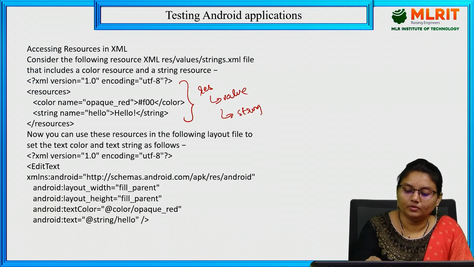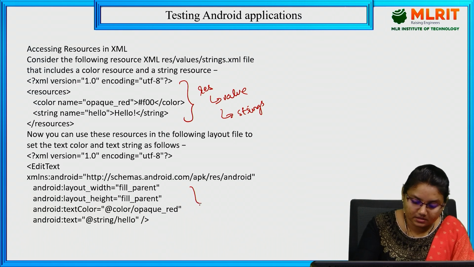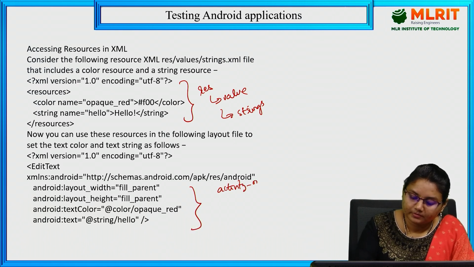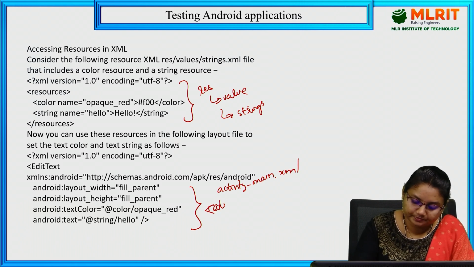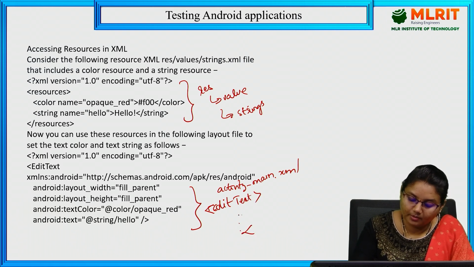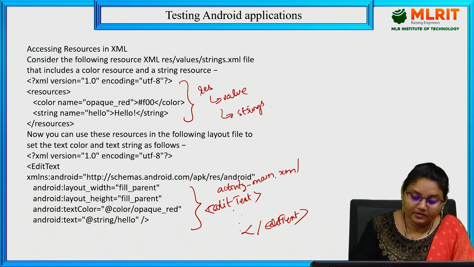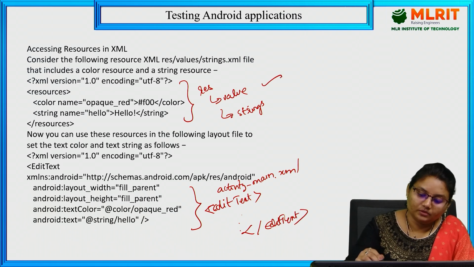Here you are doing the changes, and this is in activity underscore main.xml. So in your XML file, in the EditText, whatever properties or attributes you have given, those are being affected. So either in this way you can do, or in the other way.